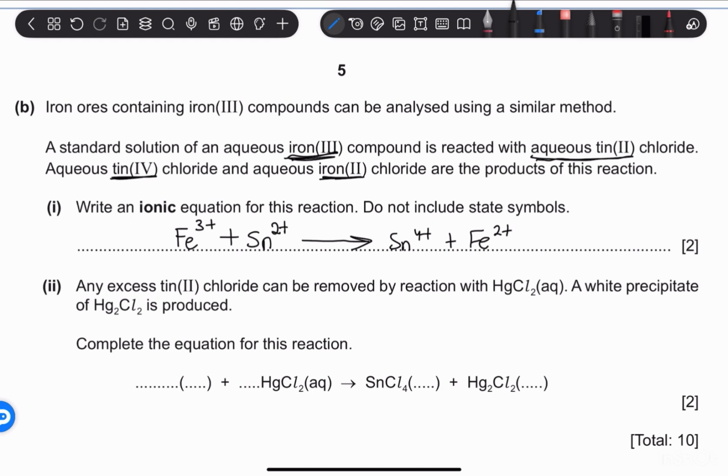So what we need to do is balance these charges. It's kind of the same as balancing an equation. Over here, what we can do is balance the iron. I'm just going to put a 2, that would make this 6+, and I'm going to put a 3 here. That would make this 6+ as well. Oh, hold on.